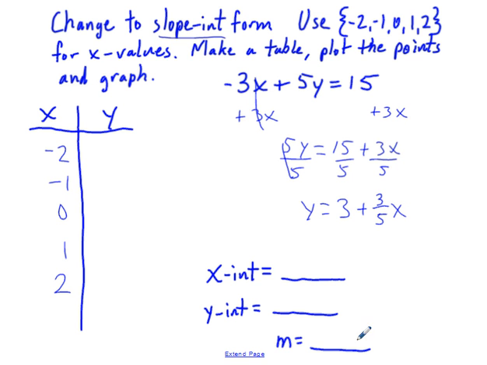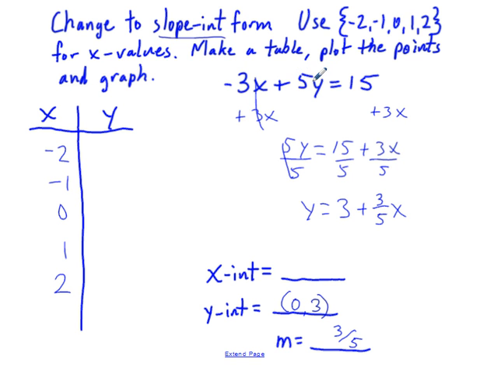So therefore, our m is going to be 3/5. Our y-intercept is 3, so we can write that as a coordinate pair of 0, 3. Our x-intercept, well, one way to do the x-intercept, we can cover up what we want.